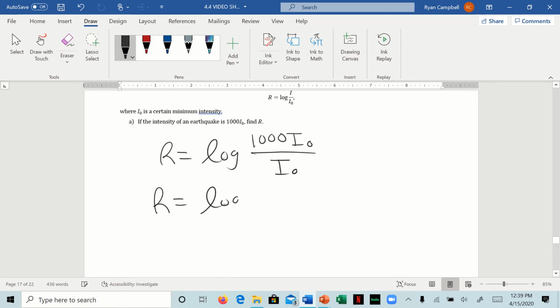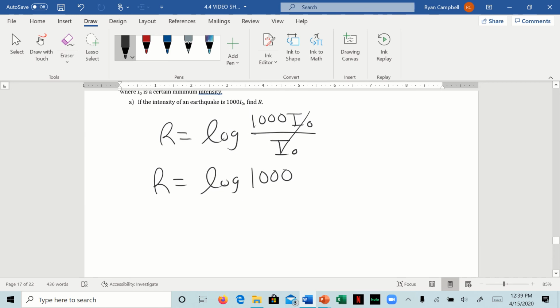So r is log of 1,000, right? And what do we say if it's just log? What's the base? That's 10, right? So we know log base 10 of 1,000 equals r.